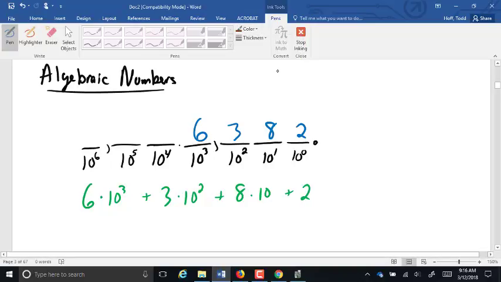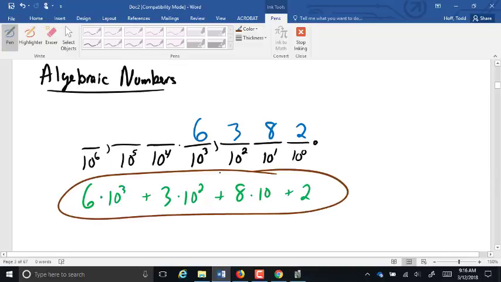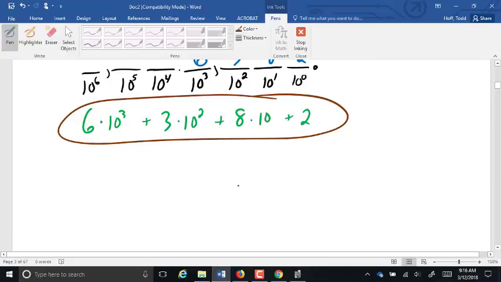And with that in mind, we can see a parallel between our real numbers, our whole numbers, and algebraic numbers like 5x to the third plus 7x squared plus 2x plus 8.